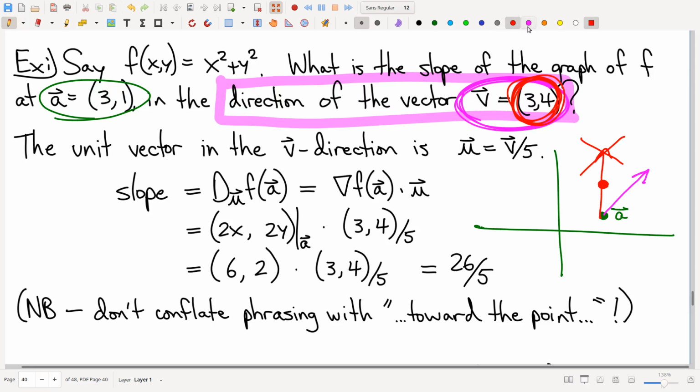We're talking about that way. Everybody see the difference? You've got to pay real careful attention to the phrasing in situations like this and make sure you interpret the question correctly. Proper interpretation of the language is part of the question in some sense. Everybody happy?